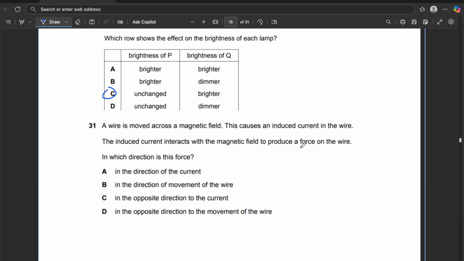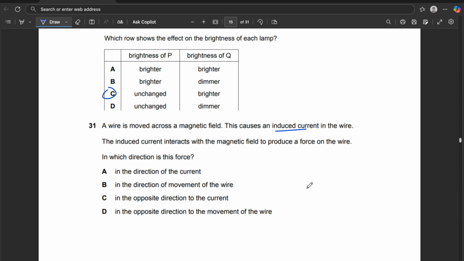So the direction of movement and the direction of force will have to be opposite to each other. The logic here is that because we see the induced current, we will use Fleming's right-hand rule.